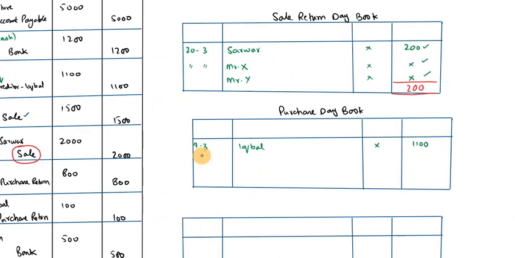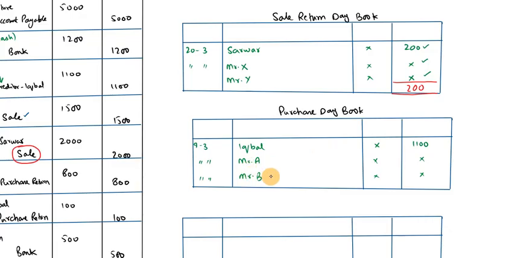If we have more credit purchases, for example we purchased goods from Mr. A on credit, and we also purchased goods from Mr. B on credit, here also we will record the Mr. A and Mr. B transactions.